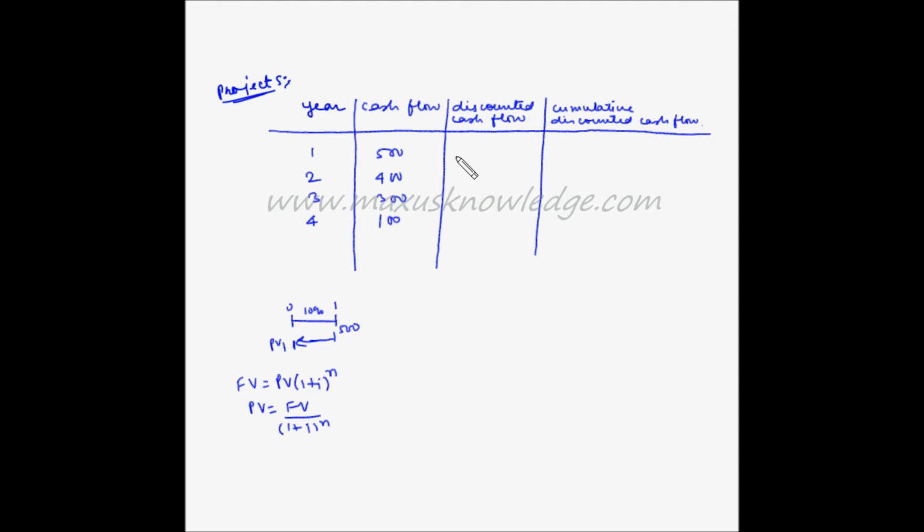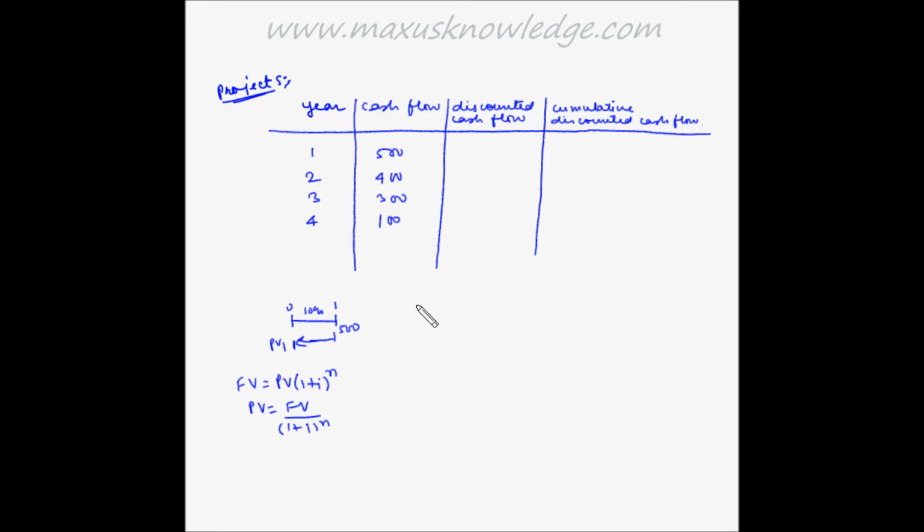So let's calculate the values for the discounted cash flow for each of these cash flows. So PV1, that is the present value for the cash flow in the first year, is equal to FV1 divided by 1 plus I to the power n1. Future value is the value which we are getting at the end of that year.